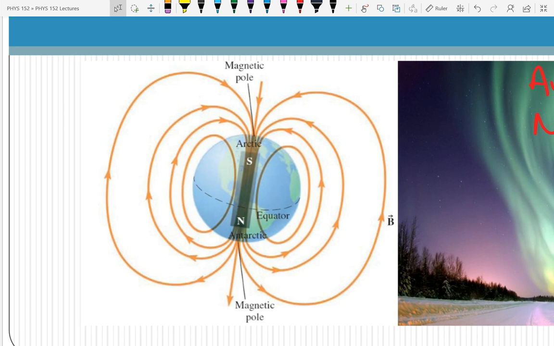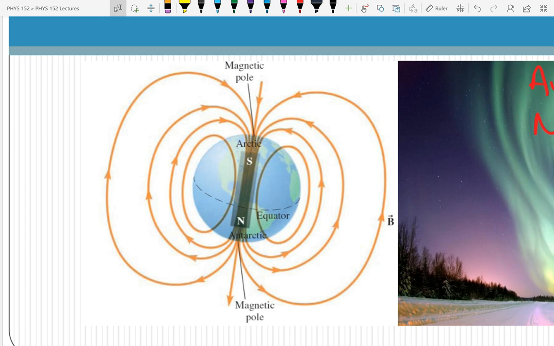And now we come to a real oddity, because the north of a magnet is the north-seeking side. So it's going to point toward the north pole of the Earth. But it also is attracted toward the south magnetic pole because it's attracted to the opposite pole. So if it's attracted to the Earth's north pole, but to a south magnetic pole, what does that tell you about the magnetic pole at the north pole?